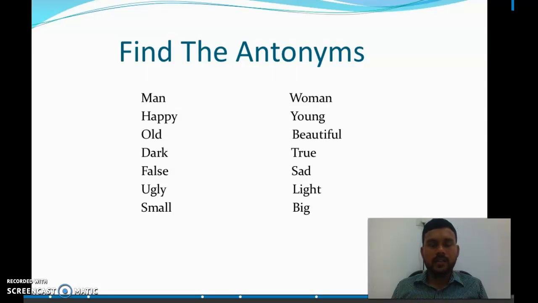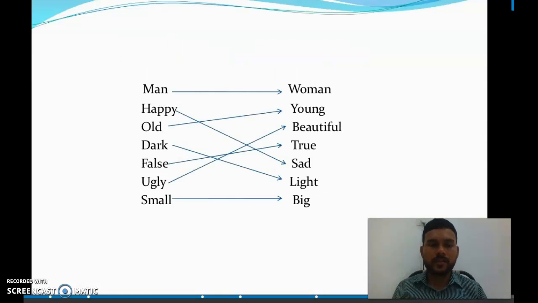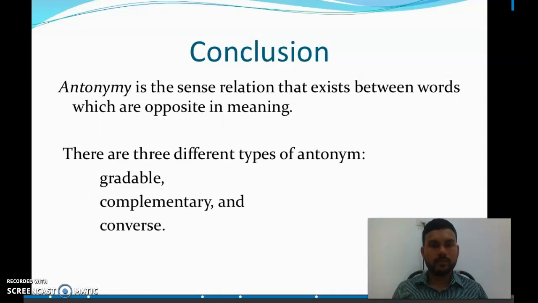Now we'll find the answers. Try to match your answers with my answers here. Man, opposite is woman. Happy, opposite is sad. Old, opposite is young. Dark, opposite is light. False, true. Ugly, beautiful. Small, big.